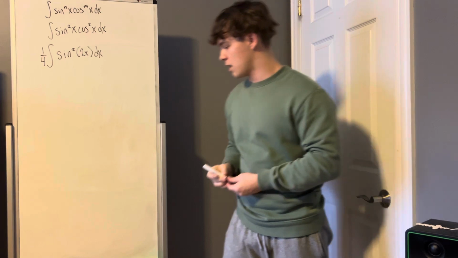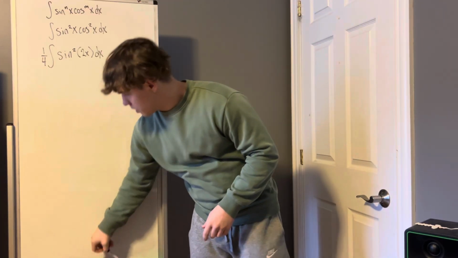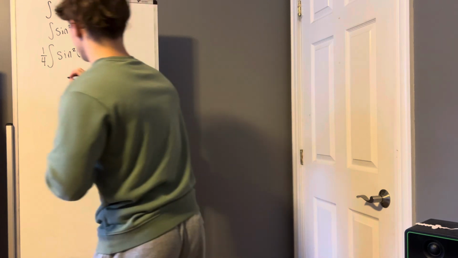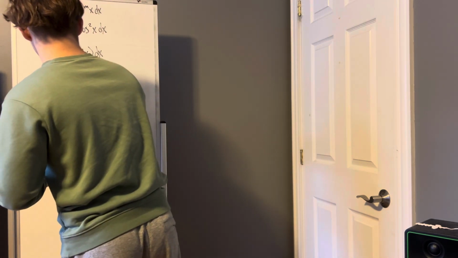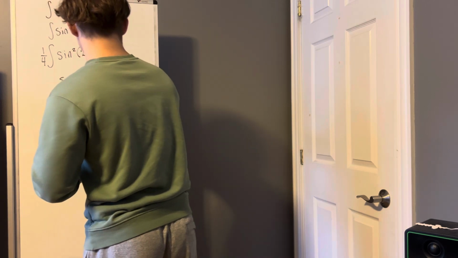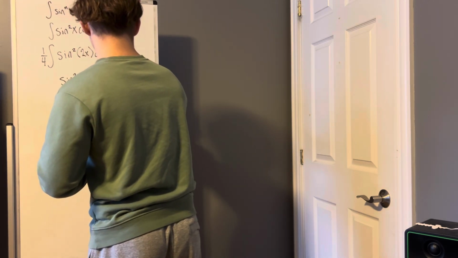And this would be a good time to talk about integrals where we don't have a cos or we don't have a sine. We know that sine squared of x would be 1/2 times 1 minus cos 2x.